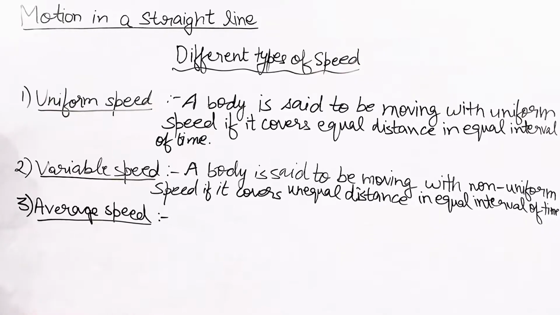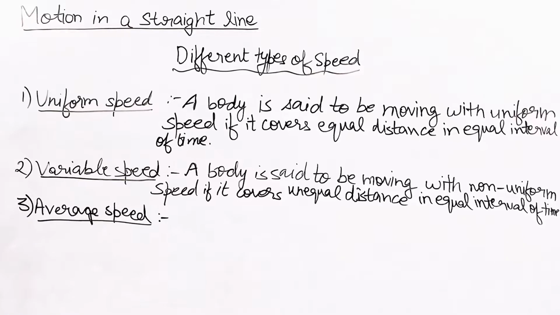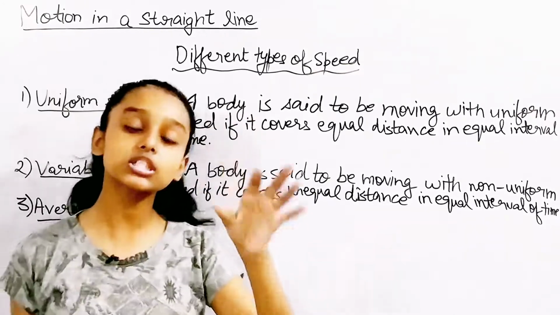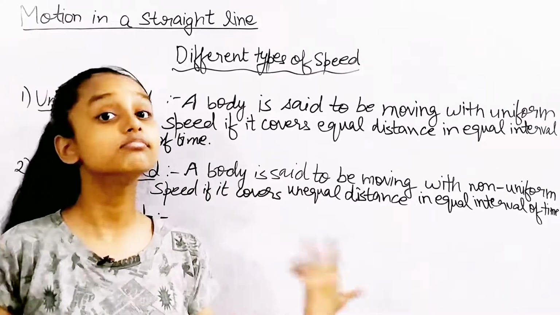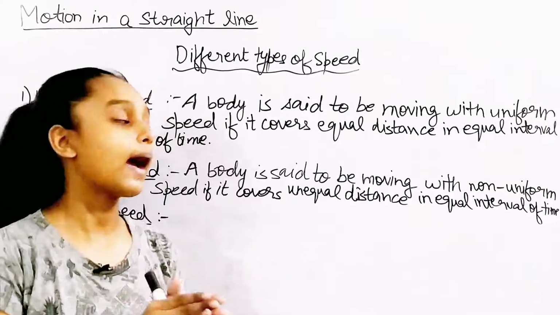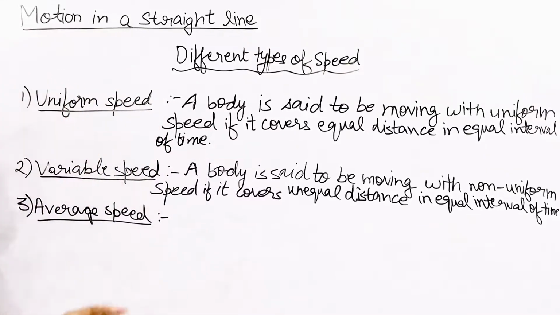If a body is moving with variable speed, then for an object moving with variable speed, the average speed is the total distance covered by the object divided by the total time taken to cover that distance.